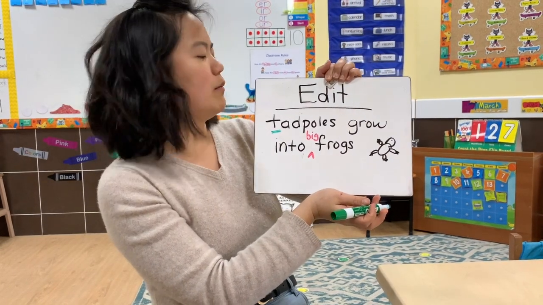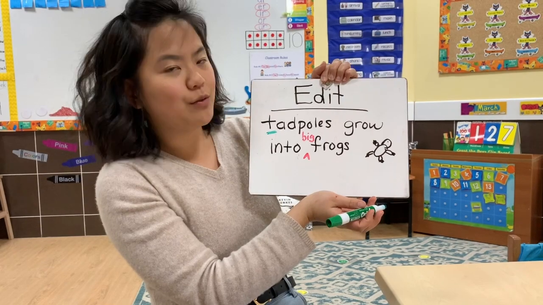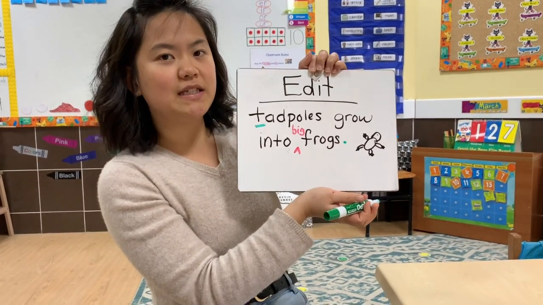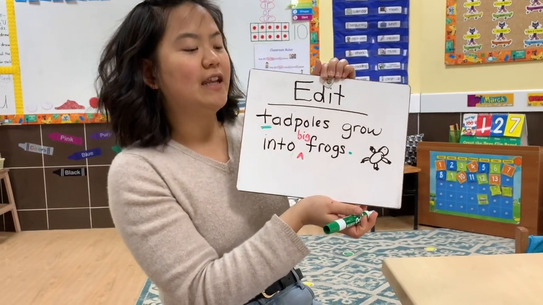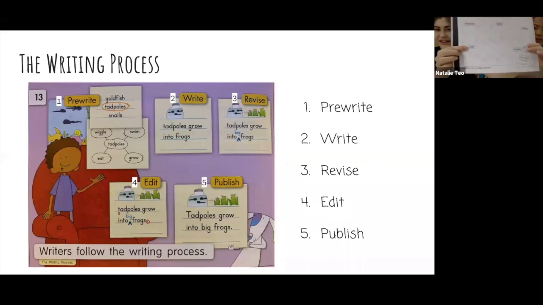And I don't think I'm going to say this sentence in an excited way. So I'm going to put a period at the end of my sentence. And that is how you can edit the sentence. Can you find edit on your paper? Now color in these last paws to the final step.